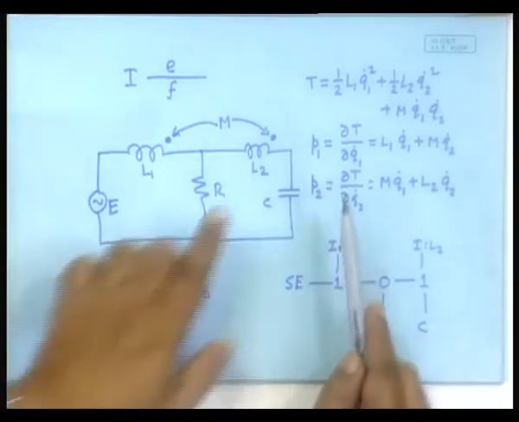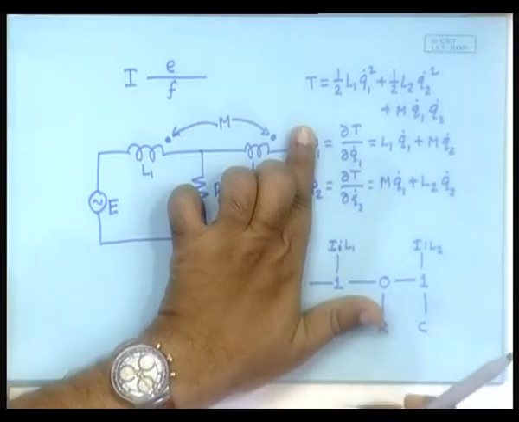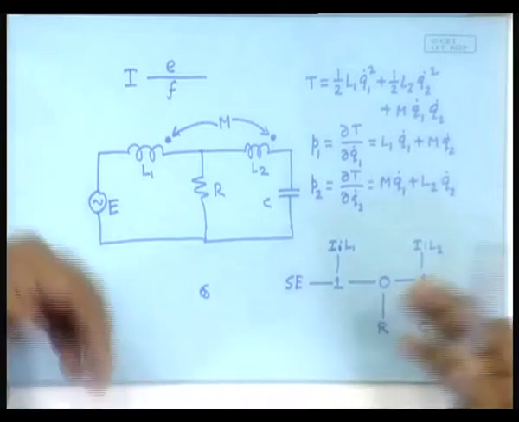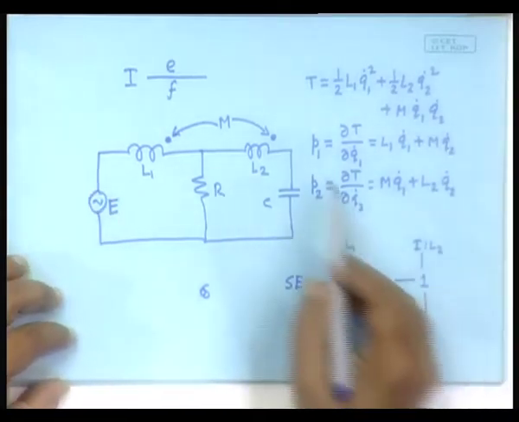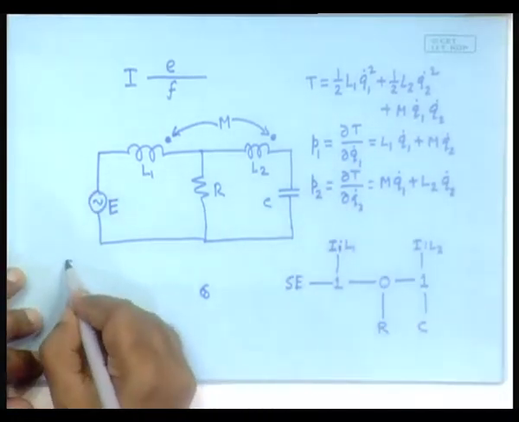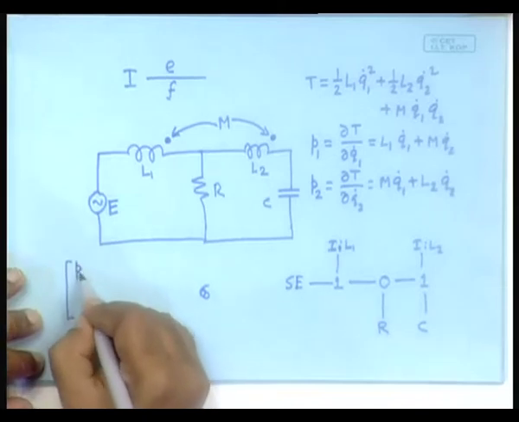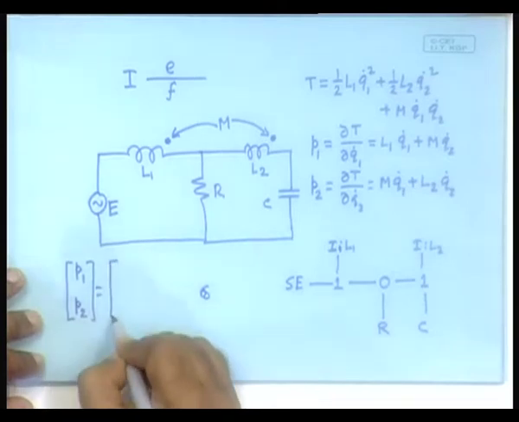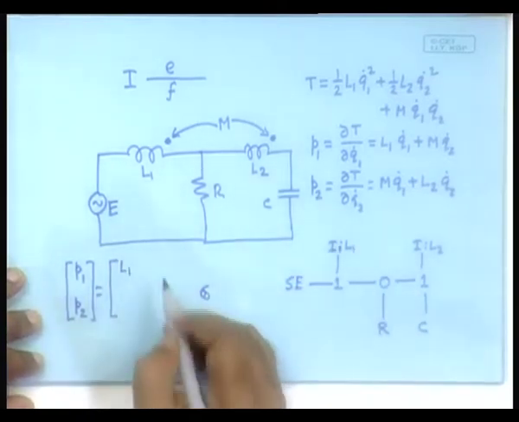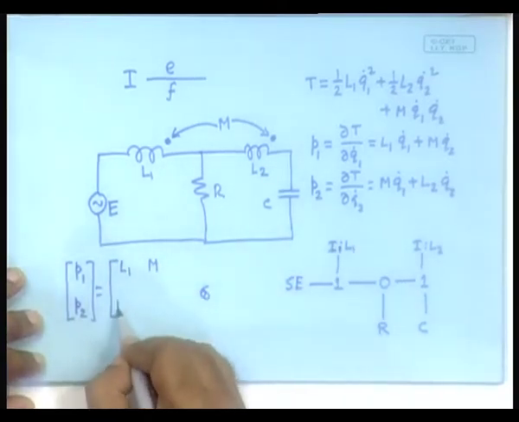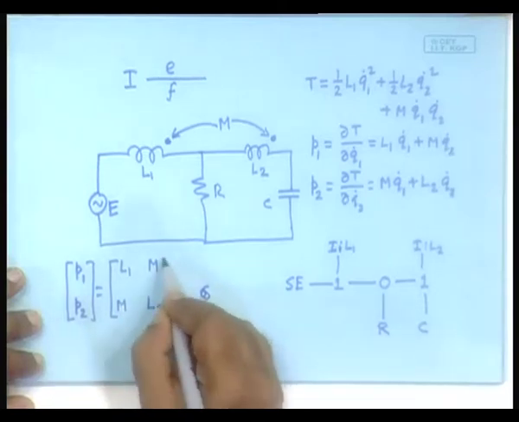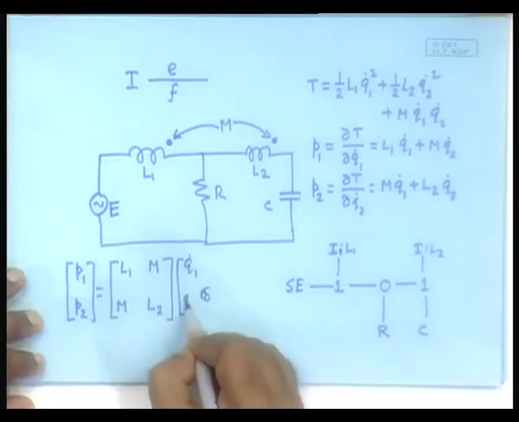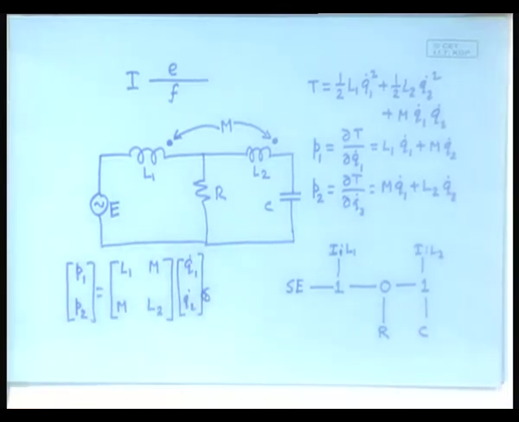So, how are the momenta and the flows related? You would notice that you can write a matrix equation: P1, P2 equals the matrix L1 m, m L2, times q1 dot, q2 dot.